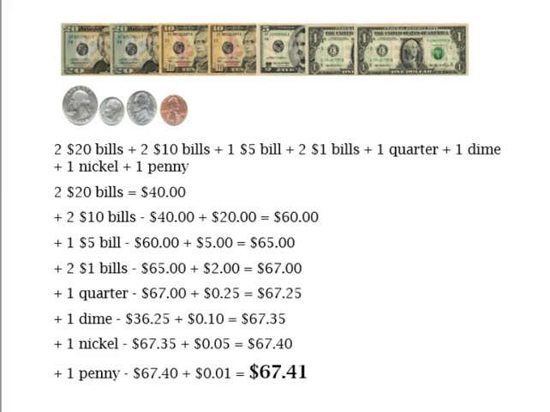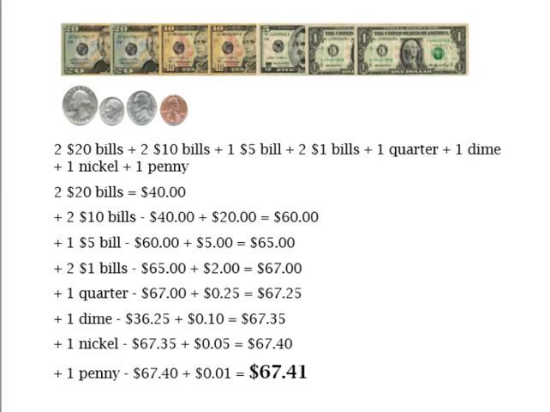We have 2 $20 bills, that's equal to $40, plus 2 $10 bills, that's equal to $60, plus 1 $5 bill, our total is now $65, plus 2 $1 bills, we are now up to $67.